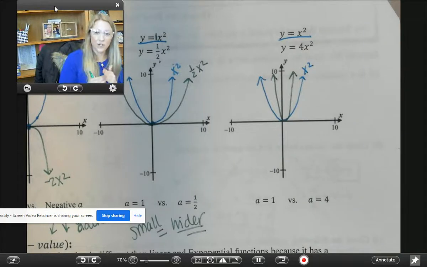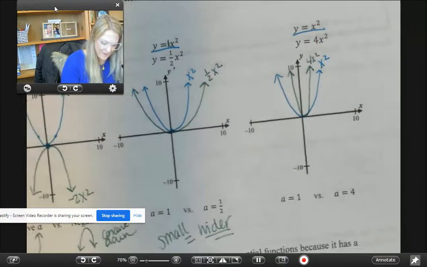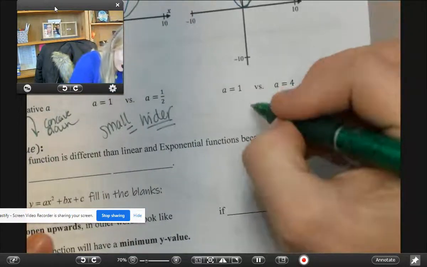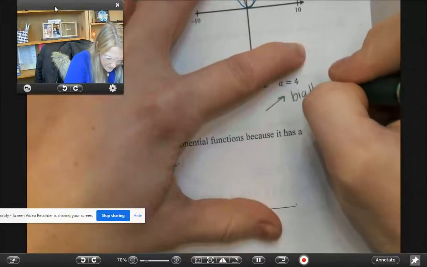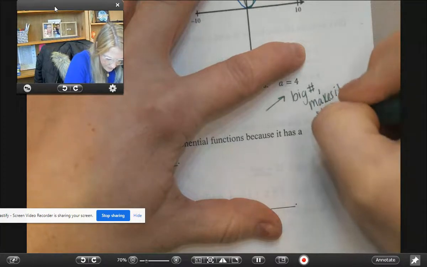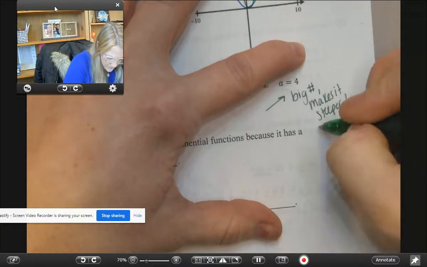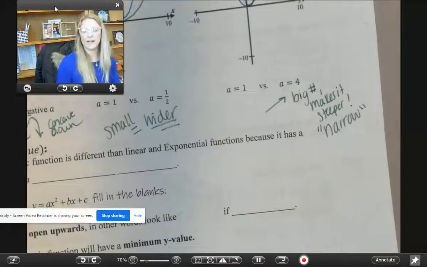So that vertical change is much bigger. Okay, so this is the 4x squared. The big number makes it steeper. So in other words, more narrow instead of wider, right?